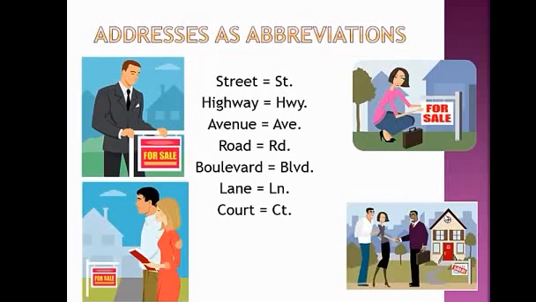There may be highway, which is capital H-W-Y, period. Avenue, capital A-V-E, period. Road, capital R-D, period. Boulevard, capital B-L-V-D, period. Lane, capital L-N, period. And court, capital C-T, period.